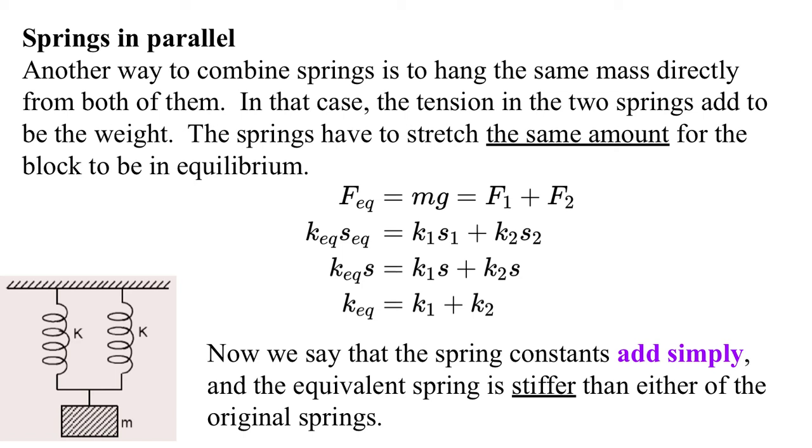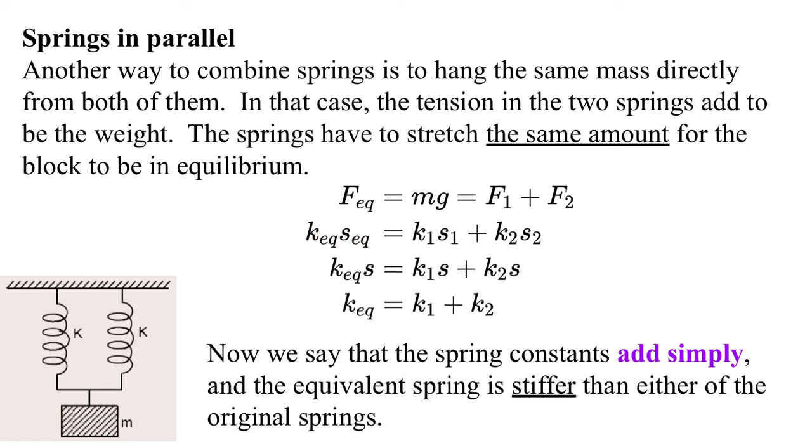So if one has twice the spring constant, they're going to adjust so it carries a different fraction of the weight, so that they divide up appropriately. The spring with twice the constant would carry twice the tension in it. So we say the equivalent force is, of course, K times S for each of them.